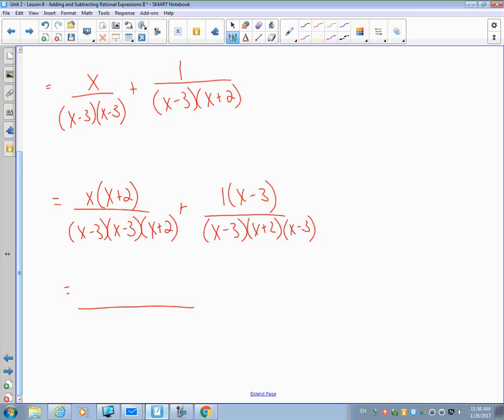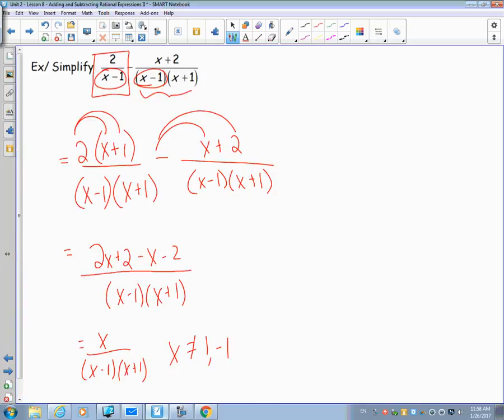Okay, my common denominator, and I'll pick one of the two orders, is that. And if I expand the top, distribute, I'll get x squared plus 2x plus x minus 3. Make sure to think of this as a positive 1, right? I'm going to collect those things as much as I possibly can.